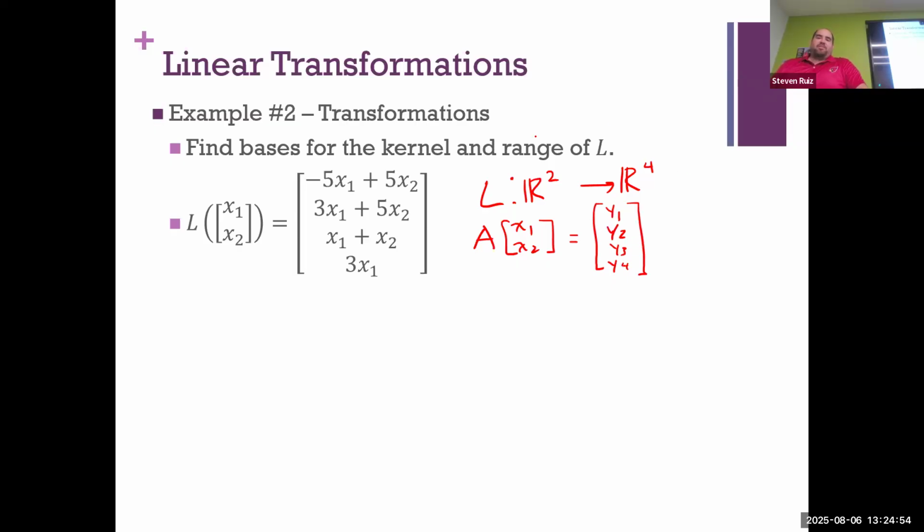That's something we can say in general. If we have a transformation that goes from Rn to Rm, then there's some matrix that is m by n that you can replace it by.